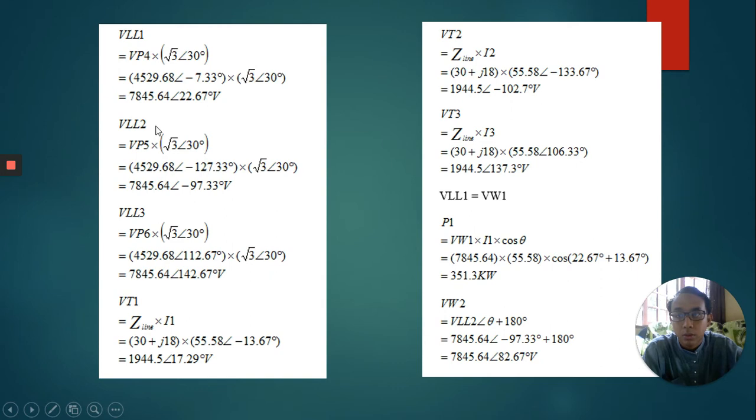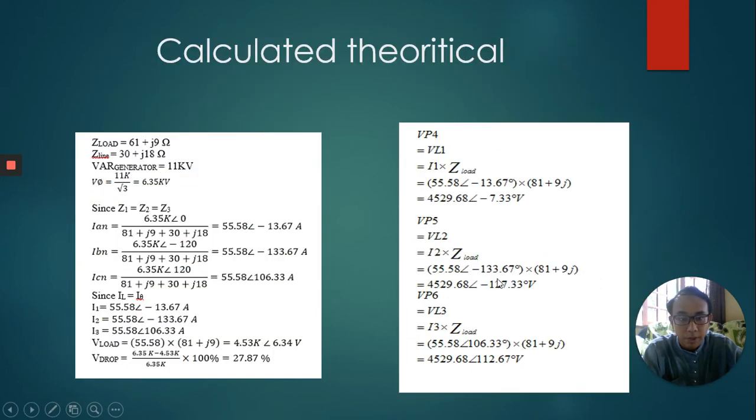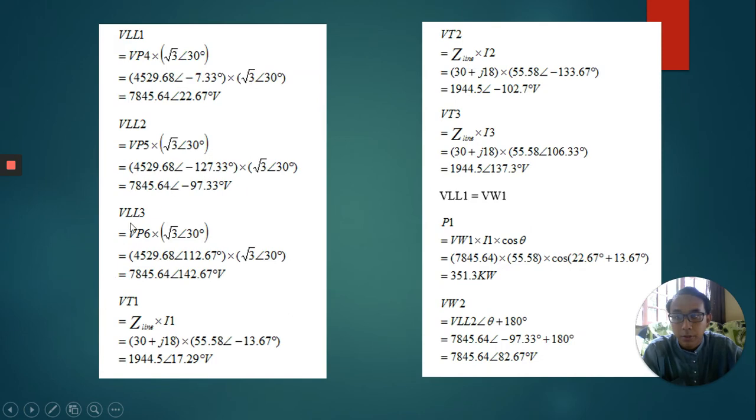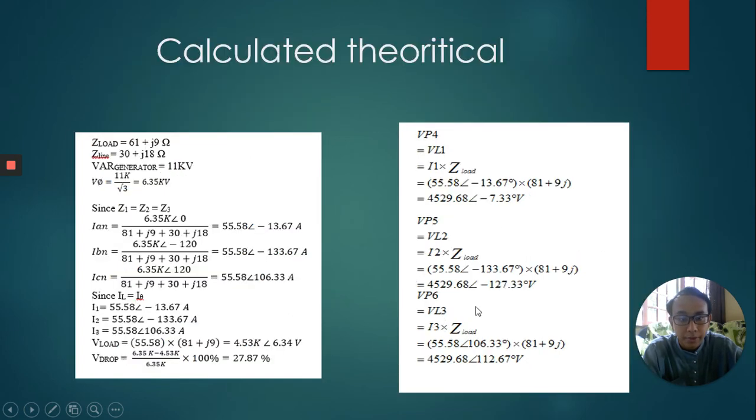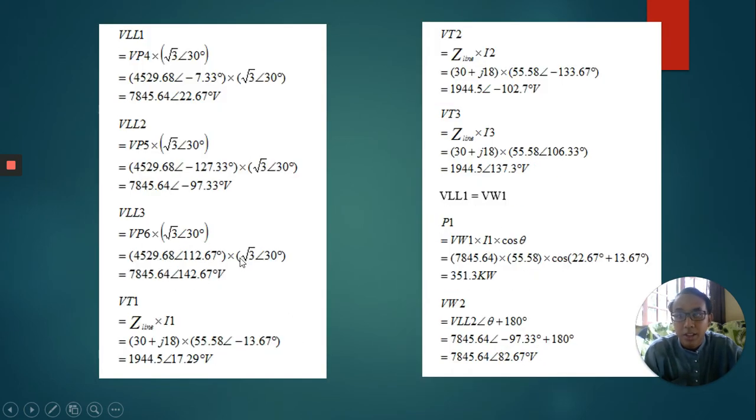Next we need to complete all 3 lines: line 1, line 2 and line 3. Times the answer also. So we pick VP5 from here and for line 3 we pick from here. And we got this answer.